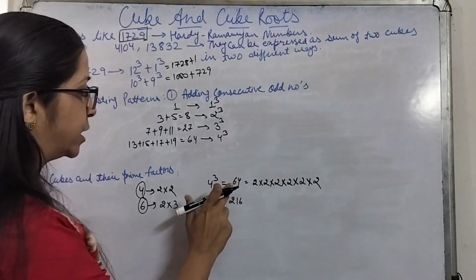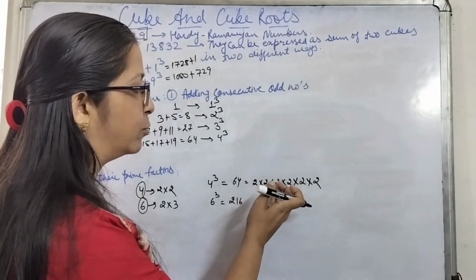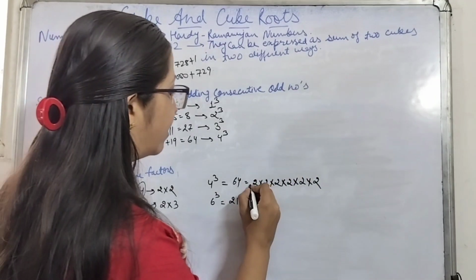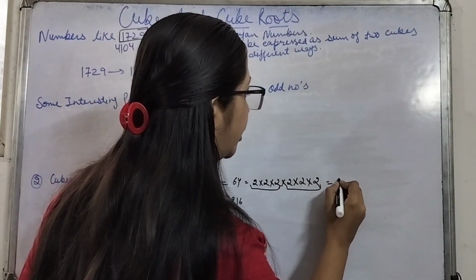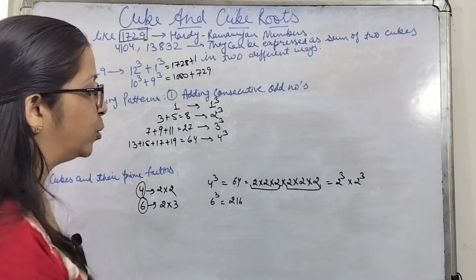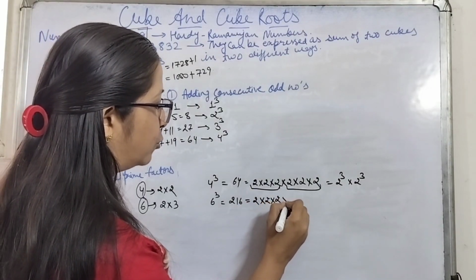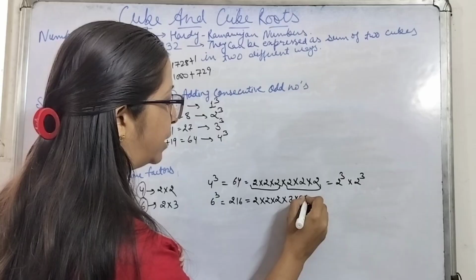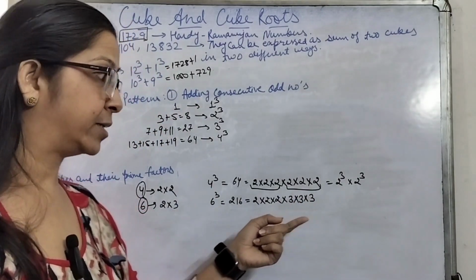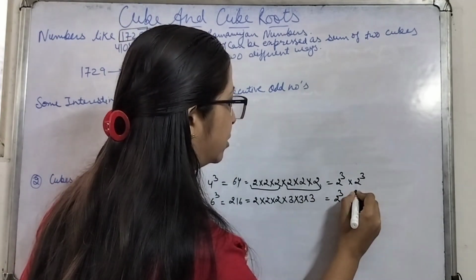So 64 could be written as 2 raised to the power 6, so we can write it as 2 cube multiplied by 2 cube. Similarly, 216 could be written as 2 multiplied by 2 multiplied by 2 multiplied by 3 multiplied by 3 multiplied by 3. So this could be written as 2 cube multiplied by 3 cube.